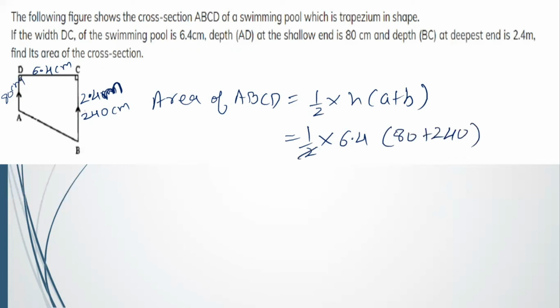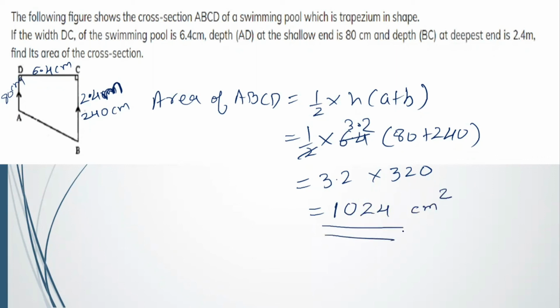If I simplify, 6.4 divided by 2, I get 3.2, and 240 plus 80 is 320. Come on, multiply and let us check what is the answer. So 3.2 into 320, you get the area of the cross section as 1024 centimeter square. Got it? Easy, children?